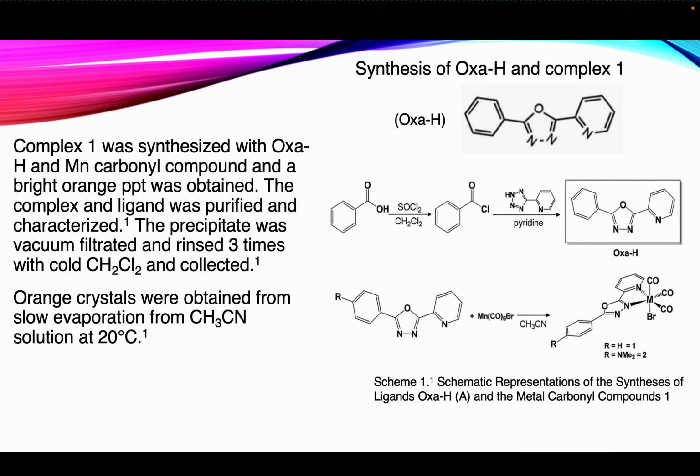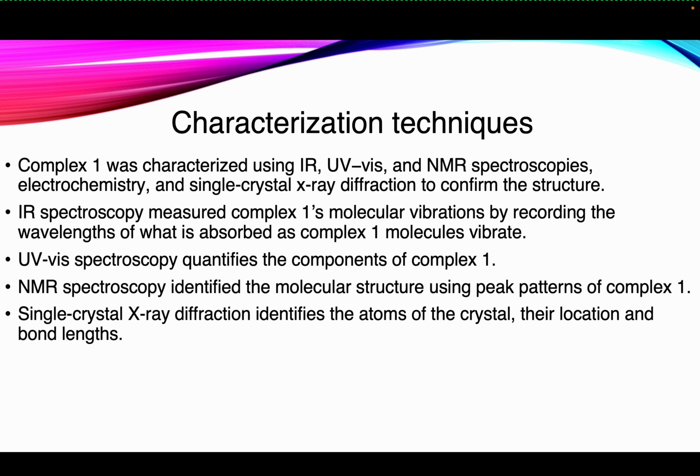The complex and the ligand were both purified and characterized. The precipitate was vacuum filtered, rinsed 3 times with cold methylene chloride, and collected. Orange crystals were obtained from slow evaporation from methyl cyanide solution at 20 degrees Celsius.